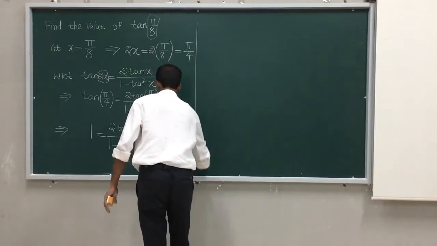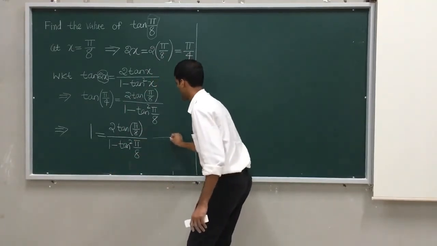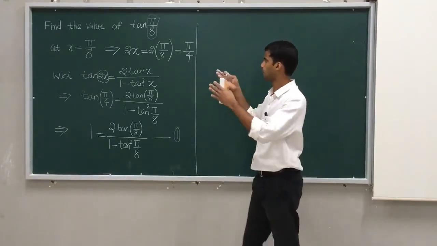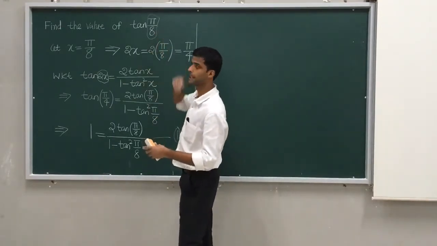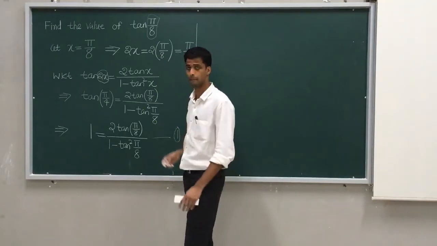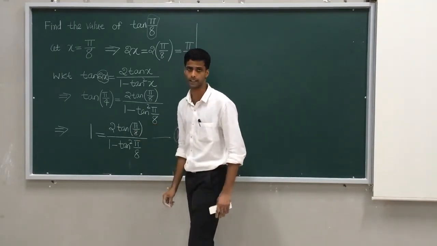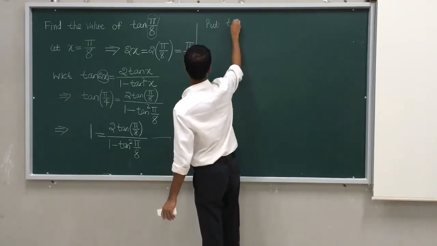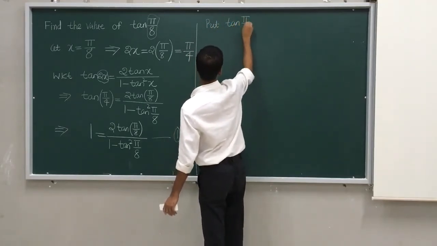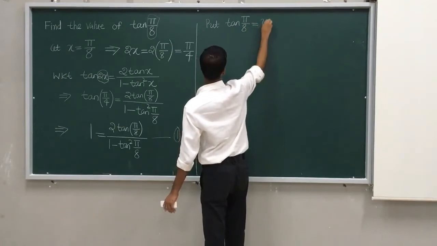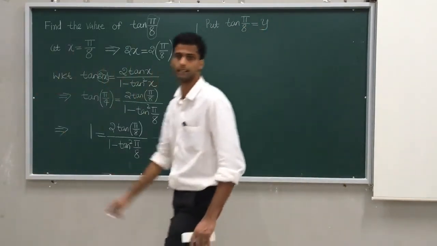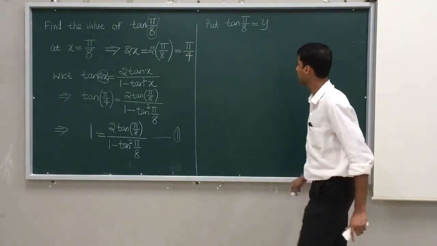Now, what to do with this expression? We'll call this equation 1, because I'm about to find tan pi by 8. So what will I do? Put tan pi by 8 value as y.